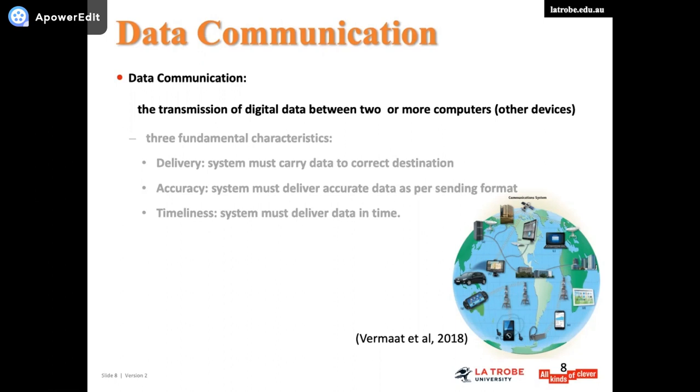The last is timeliness. The system must deliver the data in time. We can also use another word, latency. Many applications cannot bear a long latency. We call it latency sensitive, especially for control systems.